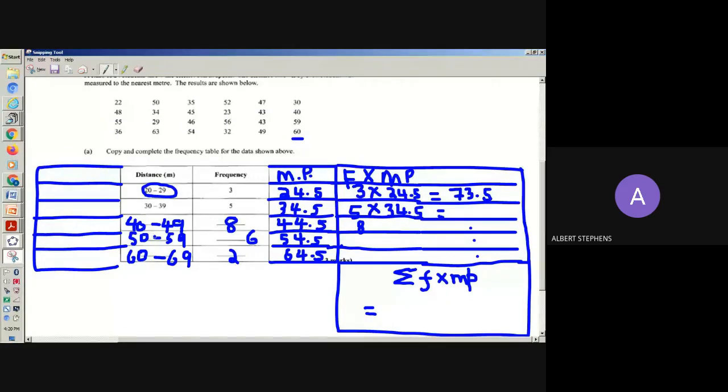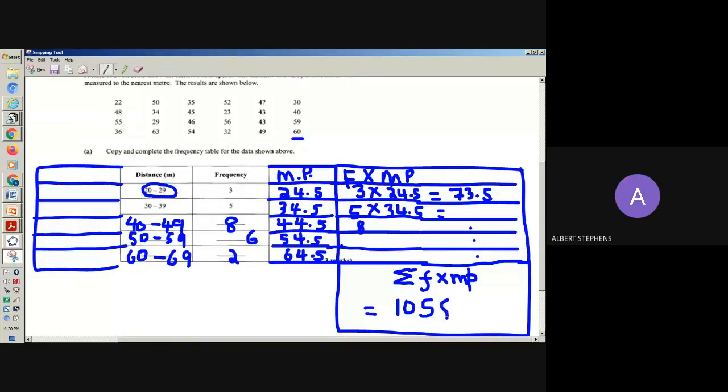All right, anybody have a value for the sum of the product of the frequency and midpoint? Sir, I have 1058. What? 1058 flat? No decimal?